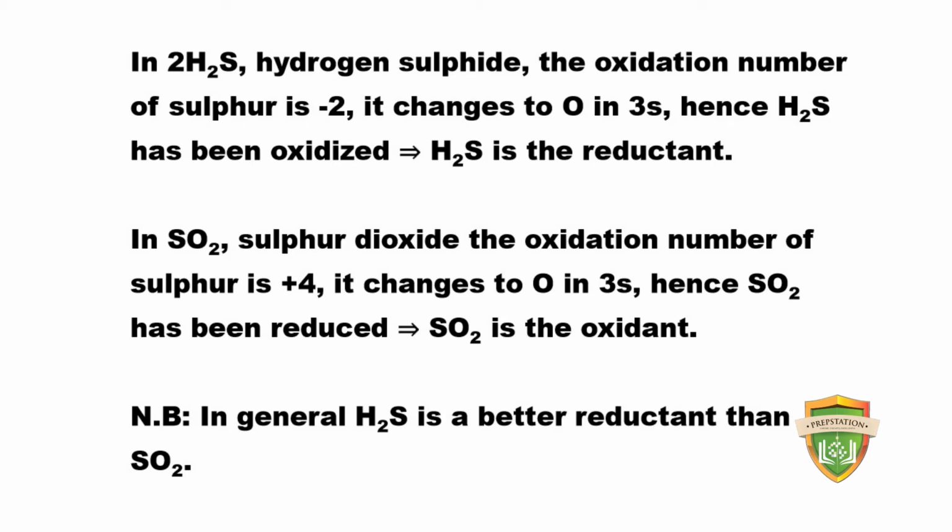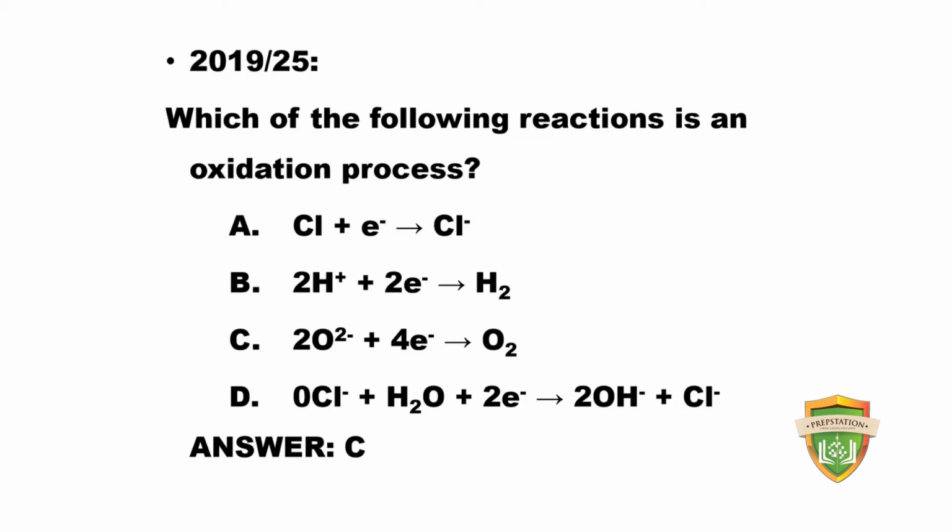Okay, let's check our example. If we check 2019, question 25, from JAMB past question, you'll see: which of the following reactions is an oxidation process? Don't forget that oxidation means loss of electron. So A, Cl to Cl minus, is not. From 0 to -1 is gain of electron. So A is out of it.